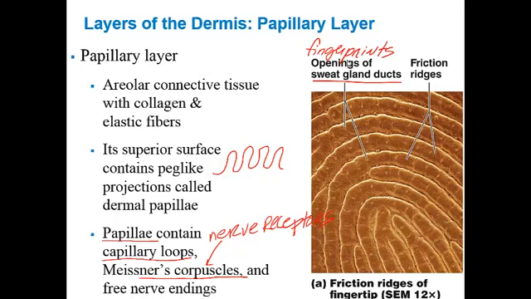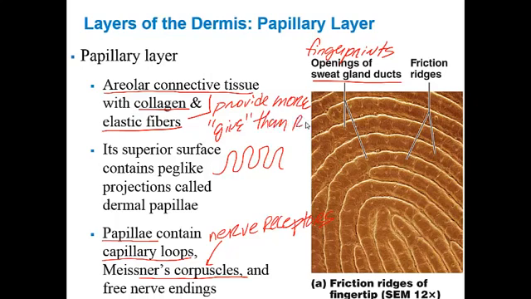So the papillary region, again, is the areolar connective tissue. It has collagen and elastic fibers, but this specific type of tissue, again, is going to provide more flexibility or more give than the reticular region. The reticular region, since it's dense, irregular connective tissue, there's more collagen.